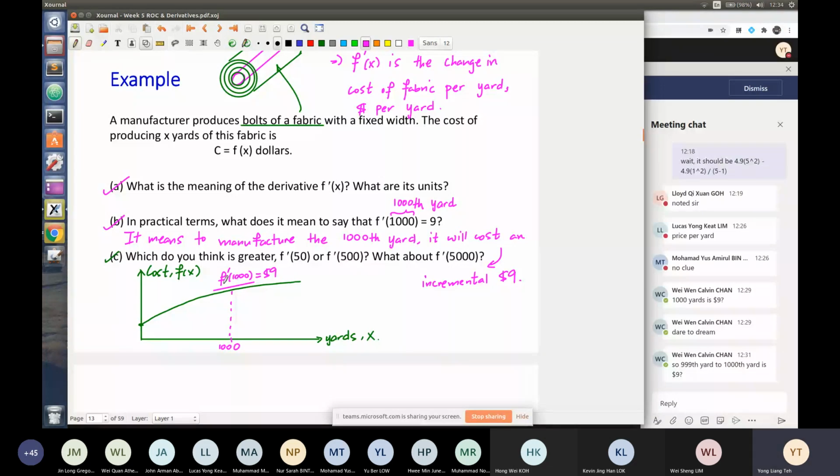So if you understand that, you can actually answer part C intuitively. Which do you think is greater, f prime 50, f prime 500, or f prime 5,000?